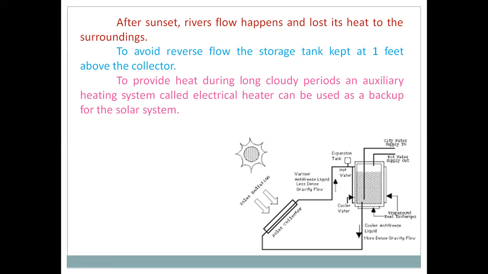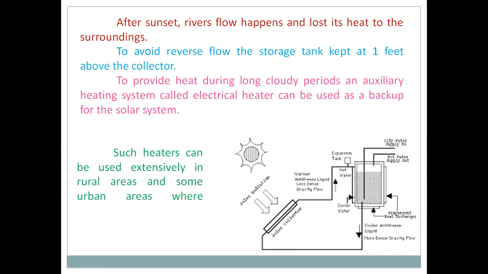Of course, not only on cloudy days; for example, relatives may come to the house, 2 or 3 or 4 members more, and the hot water in the storage tank is not sufficient. In such cases, this auxiliary heating system is used for further heating of water. Of course, such heaters can be used extensively in rural areas, particularly where electricity is very costly or not available.